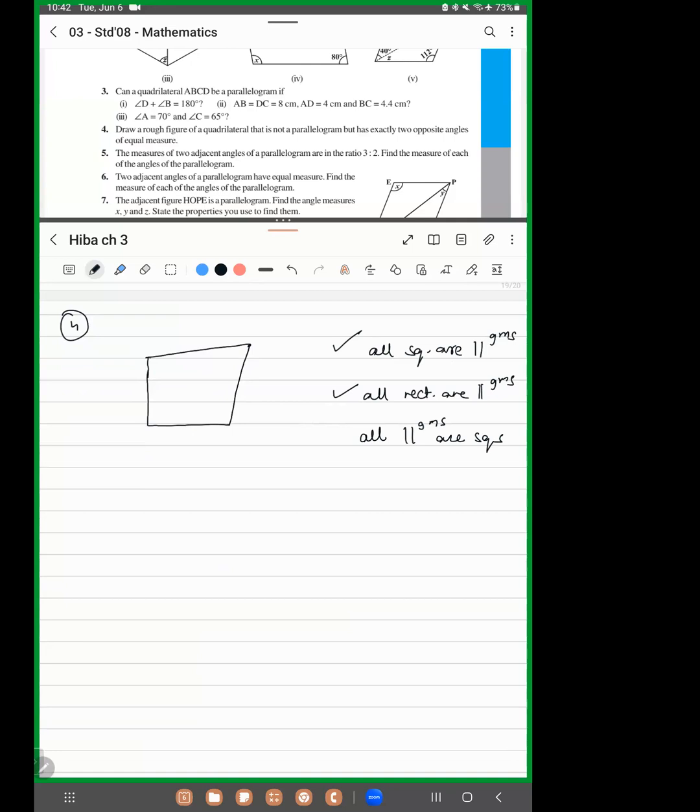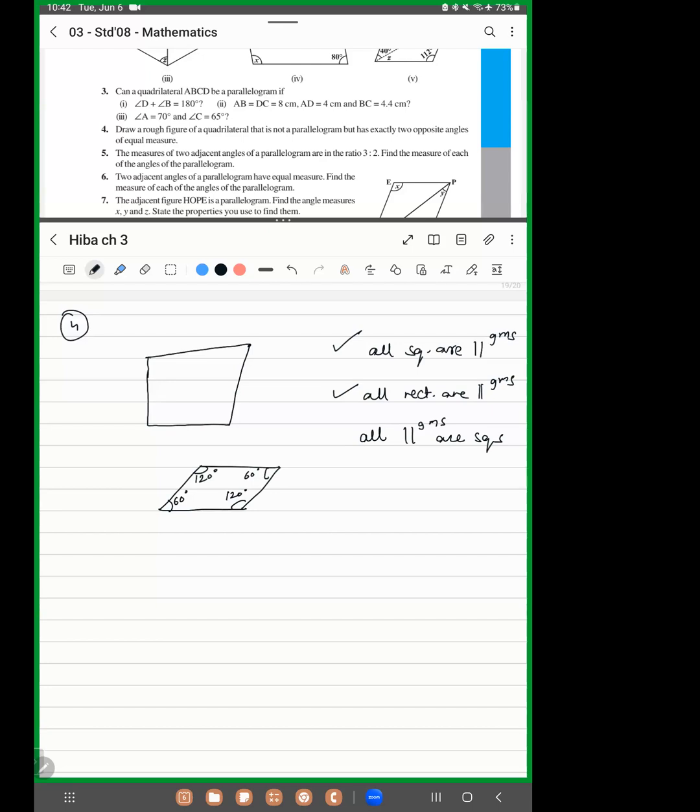True or false? True. All parallelograms are squares. This is a parallelogram where this is 60, this is 60, and this is 120, and this is 120. Is this a square?